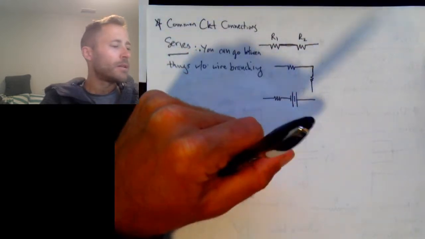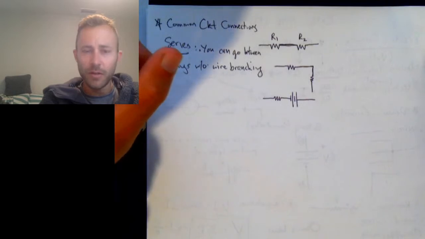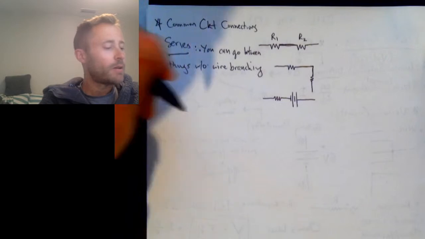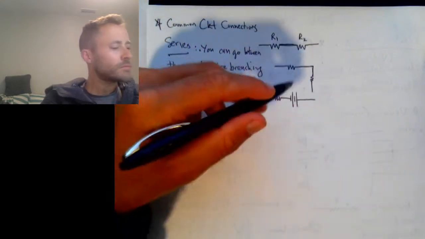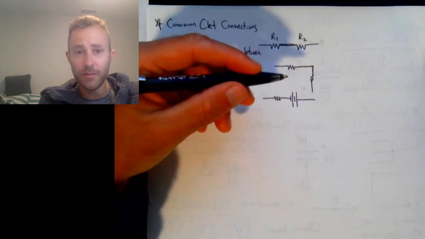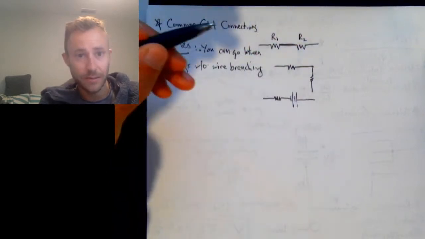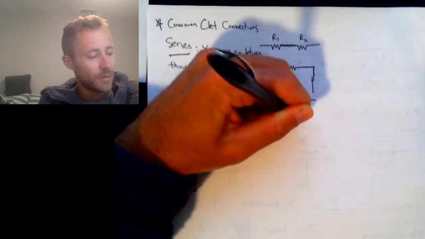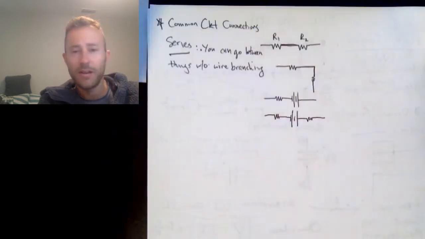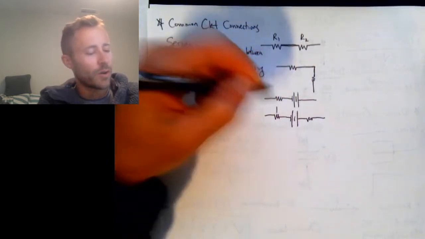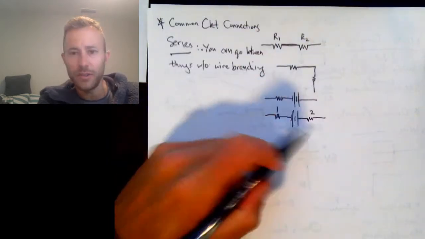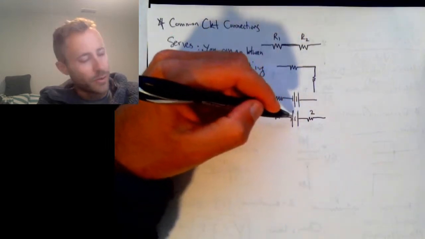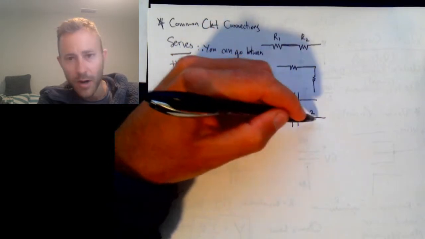Okay. Let me give you some examples of things that are not in series. You could also have stuff in between. You could have something like that. And resistor 1 and resistor 2 are still in series because even though there's a battery in between them, there's still no fork in the wire.